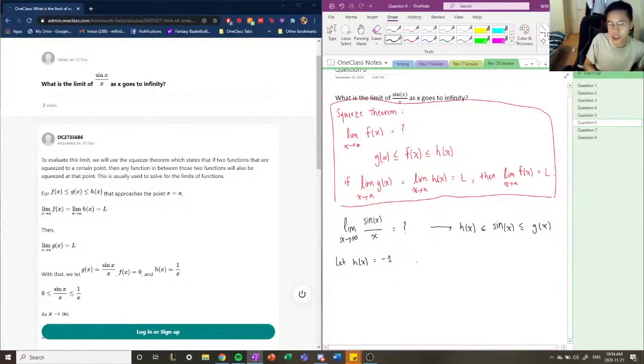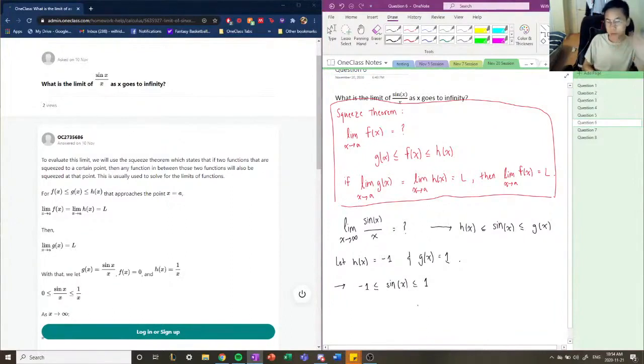It does not change, it's just constant. And g of x, let's make it equal to 1. Let's see if our inequality holds here. Therefore, we'll have -1 less than or equal to sine of x, and less than or equal to 1.